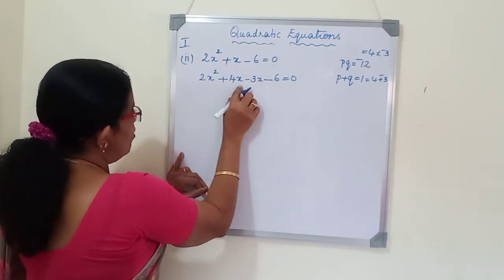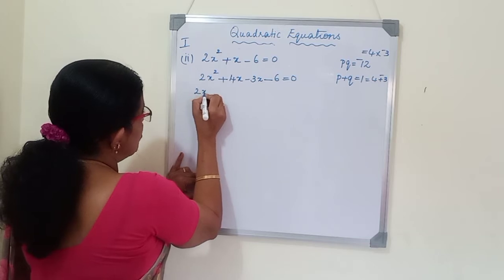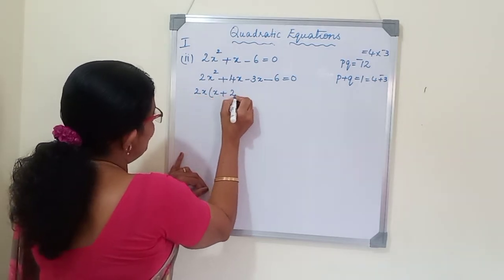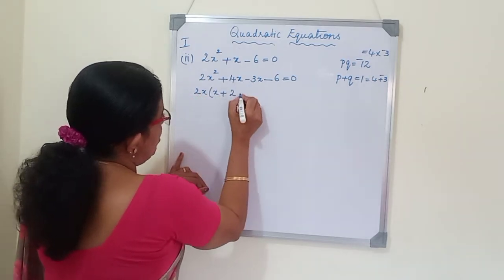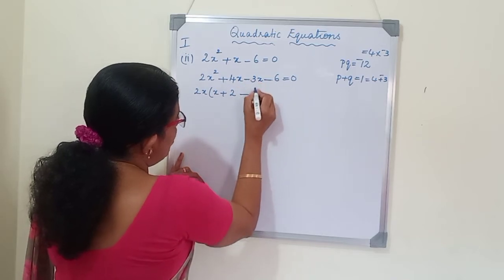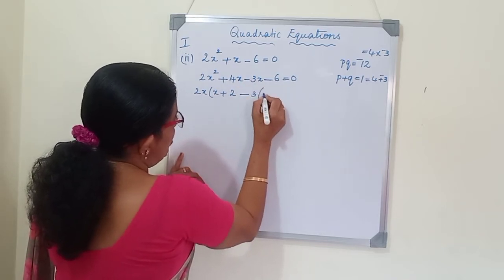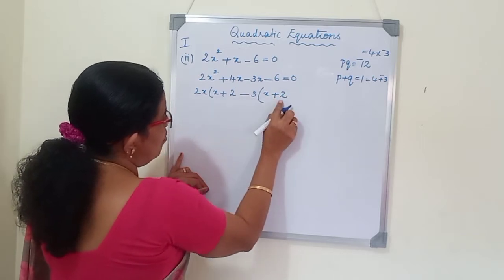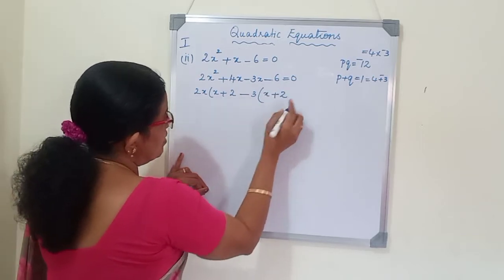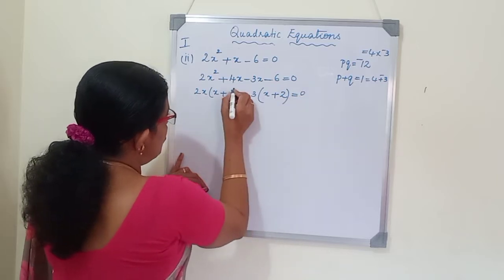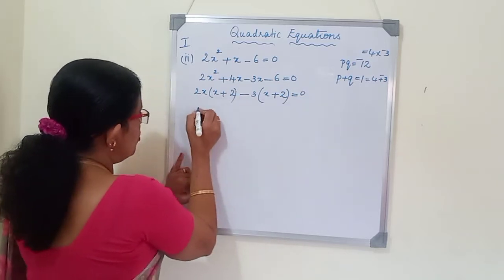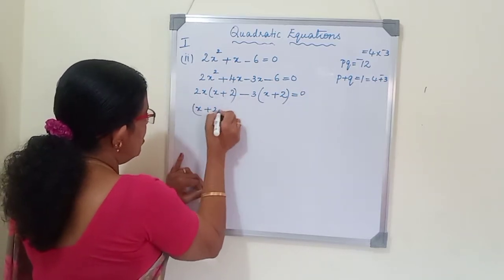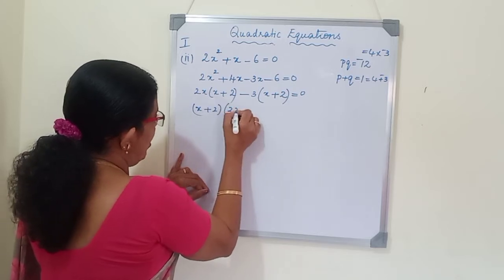Now we will take common factors from these two terms. 2x is common: 2x into x plus 2 gives 2x square plus 4x. In the other two terms, the minus sign is common and 3 is also common: minus 3 into x plus 2 becomes minus 3x minus 6. Now these two brackets are the same, so we write that in one bracket and the remaining terms in another bracket.